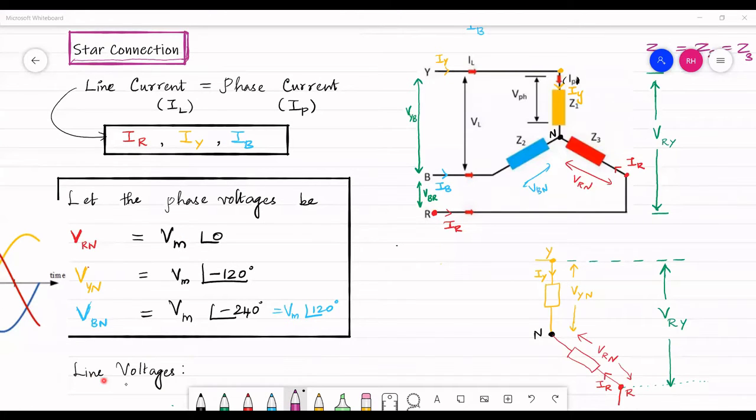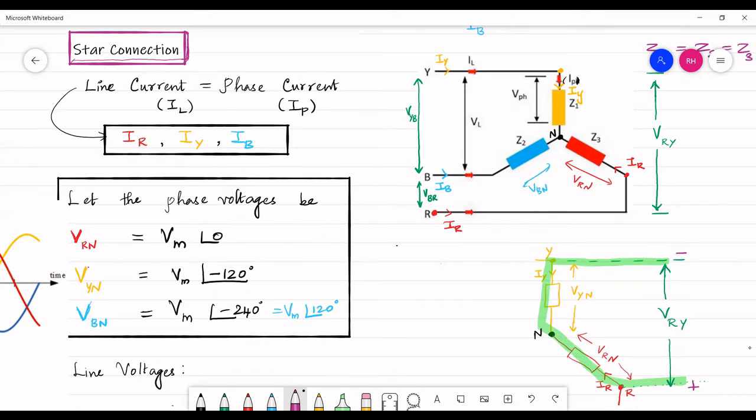Now let's write the expression for line voltages considering a loop. Let us apply KVL to this loop, and write the voltage equation and thereby get an expression for the line voltage. Considering this as a loop, R is at a higher potential, Y is at a lower potential.